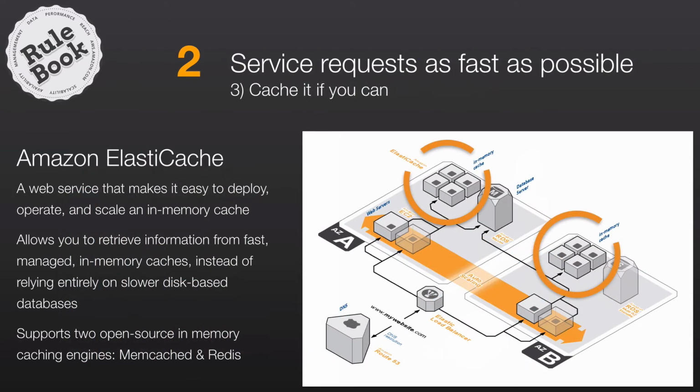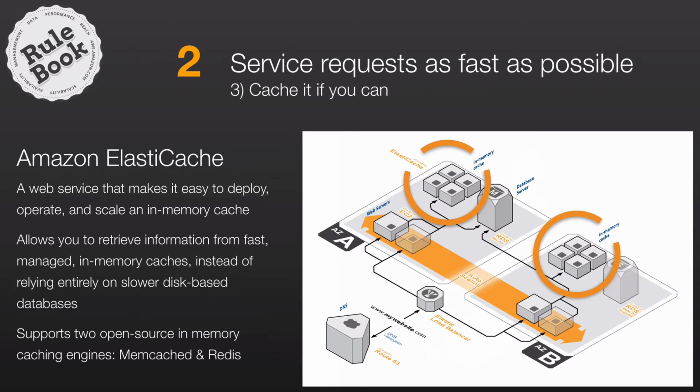So it's possible to offload queries within your data architecture. We have a service called Amazon ElastiCache. It's a web service that makes it very easy to deploy, operate, and scale an in-memory caching tier within your application. And you would typically use this to allow you to retrieve information from an in-memory cache rather than relying on a slower disk-based database, such as a relational database that might be running on Amazon's RDS service, say MySQL or an Oracle database.